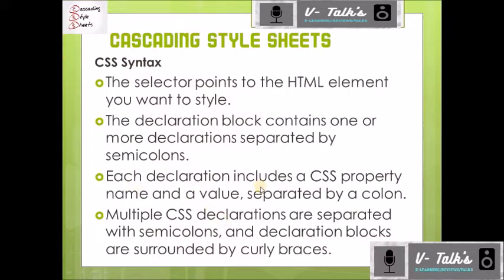Then each declaration includes a CSS property name and a value separated by a colon. Okay, so each part of that declaration includes an attribute and its value, like color, font size, etc. Then multiple CSS declarations are separated with semicolons and declaration blocks are surrounded by curly braces.